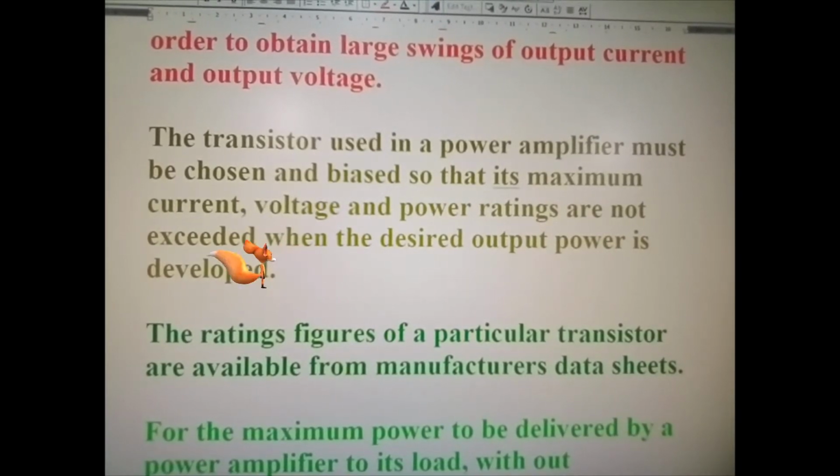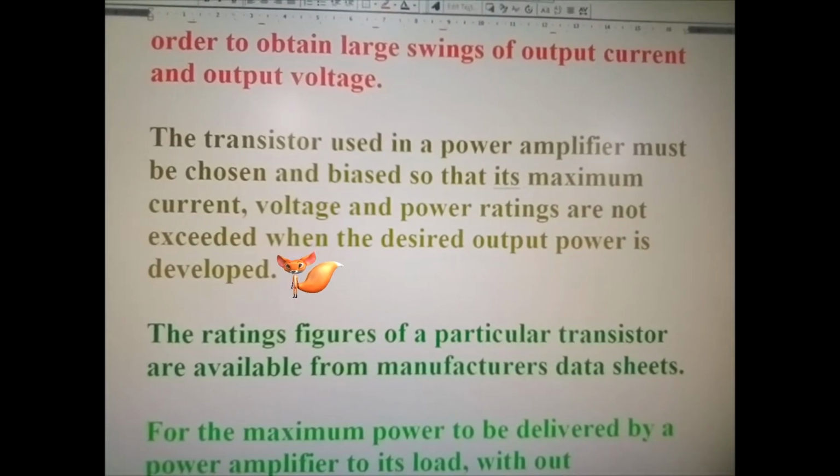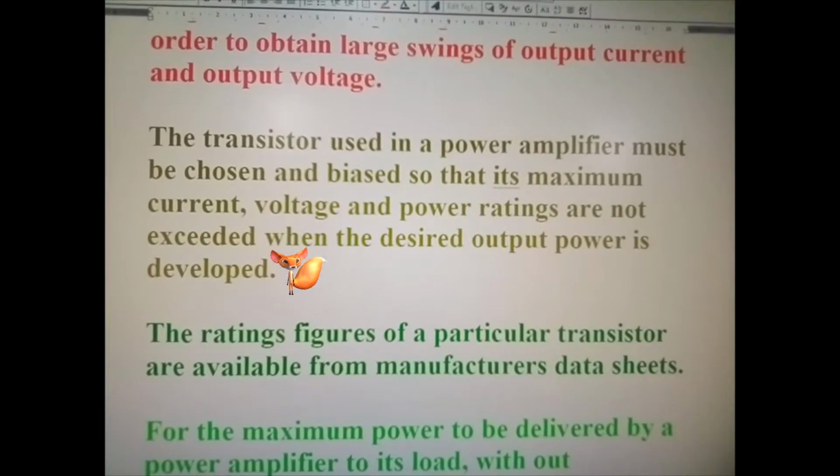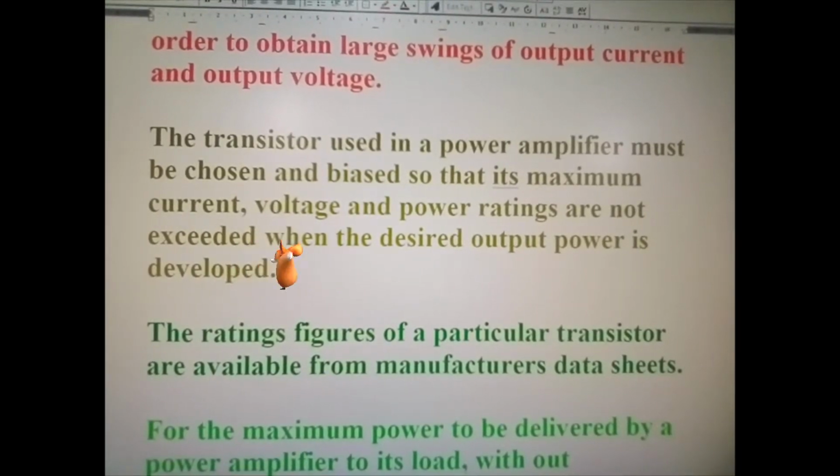So you'll need to look for 1, the transistor that you're looking for, 2, will it give you the power rating that you require, 3, the voltage that it can handle.